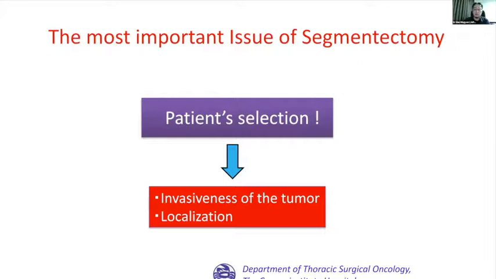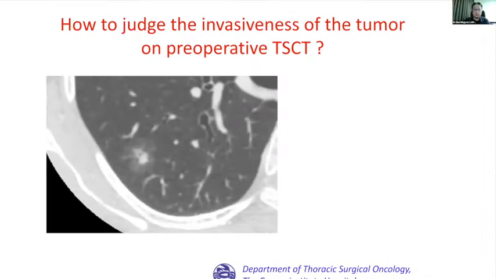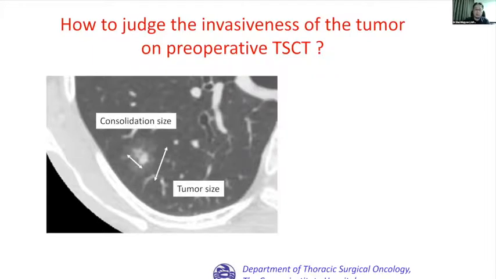To do so, we need to know the invasiveness of the tumor preoperatively, and location is also important. This is a pathologic GGN lesion. How do we judge the invasiveness of the tumor using CT? This is the tumor size including the GGO component, and this is the solid consolidation size.